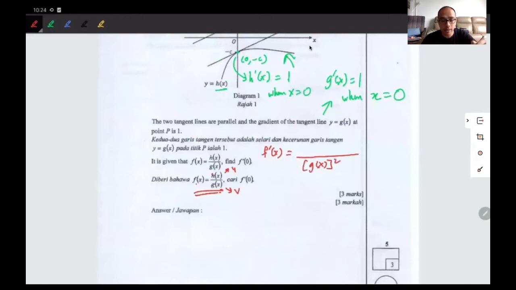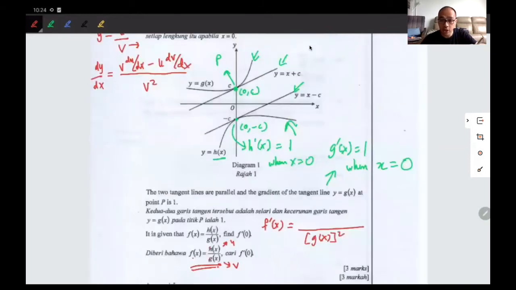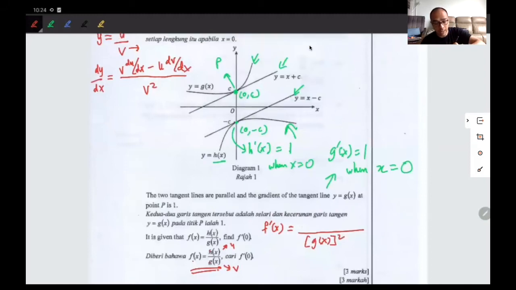Then over here is v. V is g(x), so I write it back, g(x). And then beside v is du/dx. So I differentiate the h(x), so I get h prime x. Then minus h(x) times g prime x.